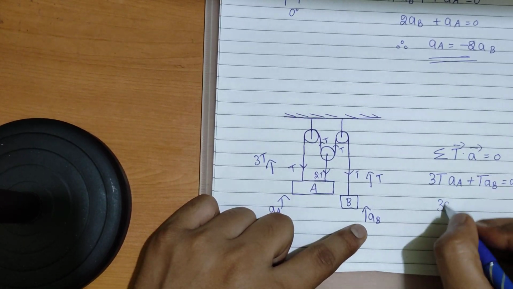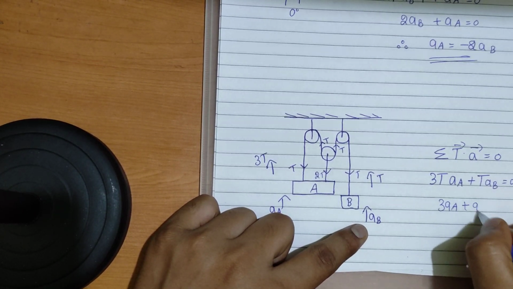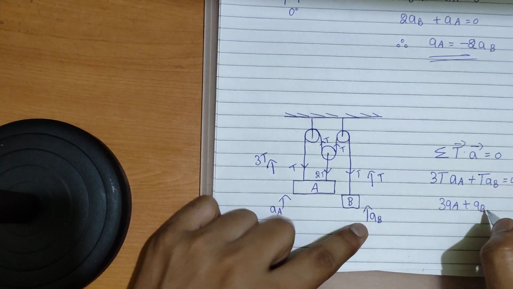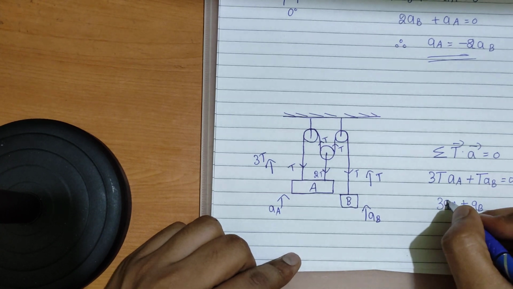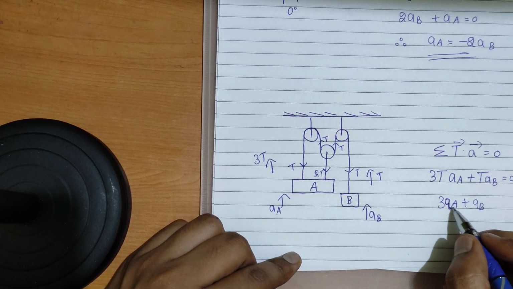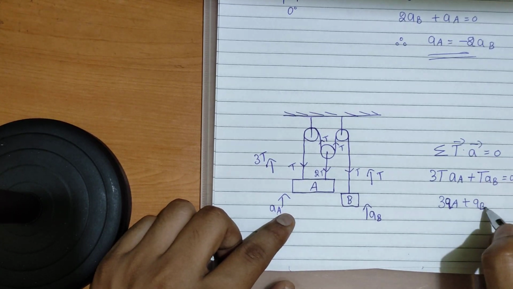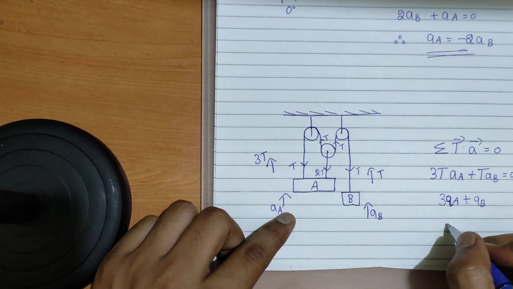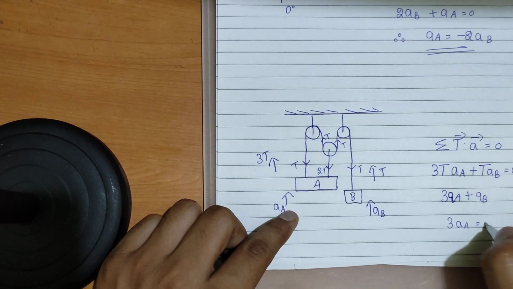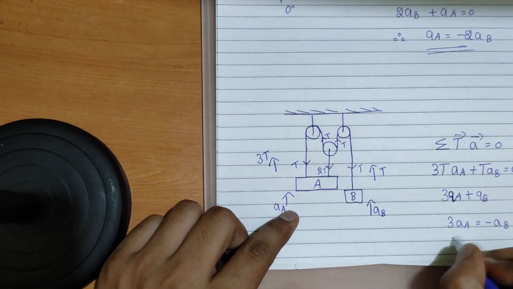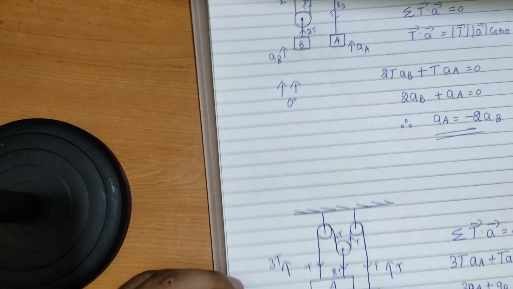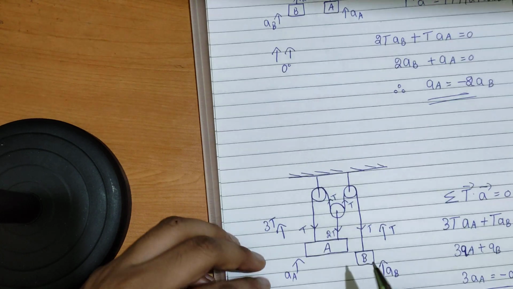Therefore 3A_A plus A_B equals 0. What is A_A? The acceleration of block A. What is A_B? The acceleration of block B. So 3A_A is equal to minus A_B. In this way we can find the acceleration relation between two blocks connected to pulleys.